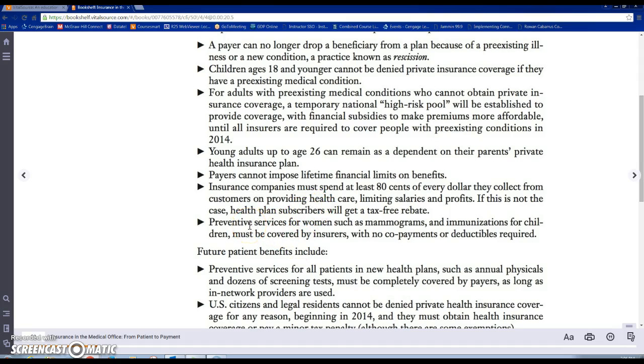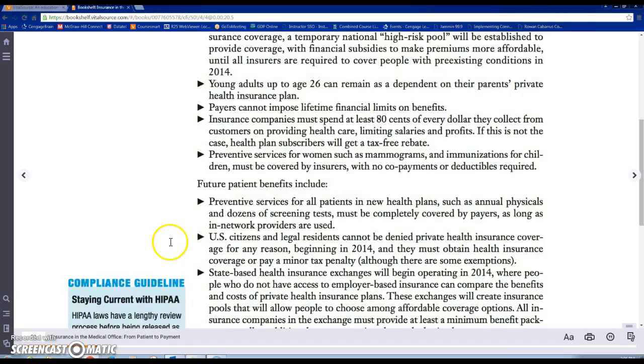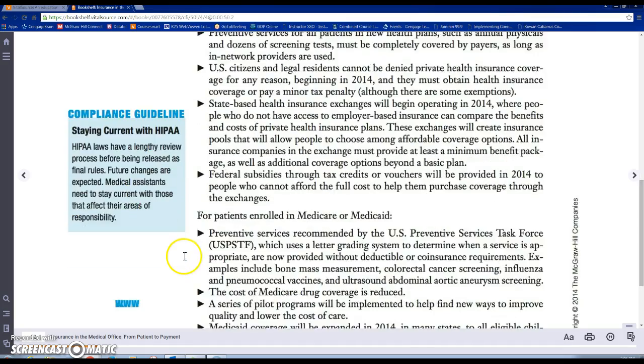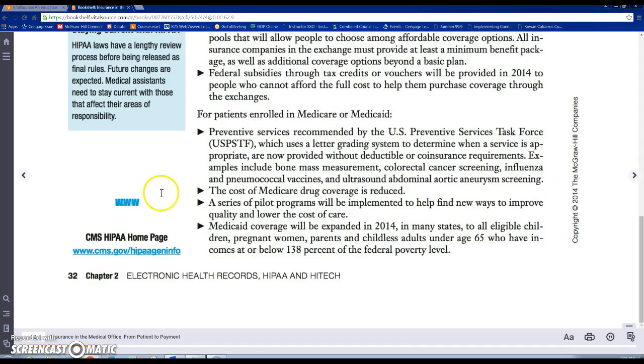If you are covered by insurance, preventative services for women, we're talking mammograms and pap smears and things like that, are all covered. Immunization for children are all covered, and they're covered at 100%. You don't have to pay a copay or deductible. So your insurance takes care of that. So it's pretty nice. There was some changes in Medicare and Medicaid. And Medicaid, the state got to choose whether or not they wanted to handle it or let the government, and North Carolina chose to let the government.